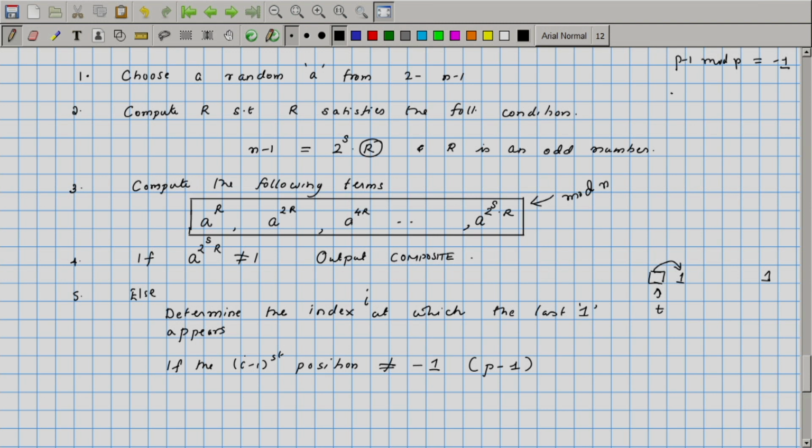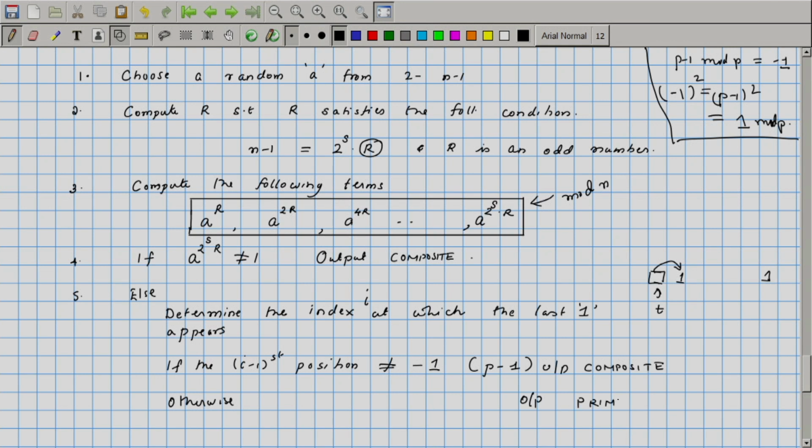Okay. And notice that minus 1 squared is essentially p minus 1 the whole square. You can verify that that is going to be 1 mod p. Okay. So, if this is not equal to minus 1, then we will declare composite, and otherwise output prime.